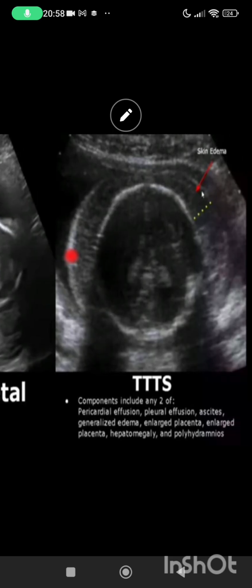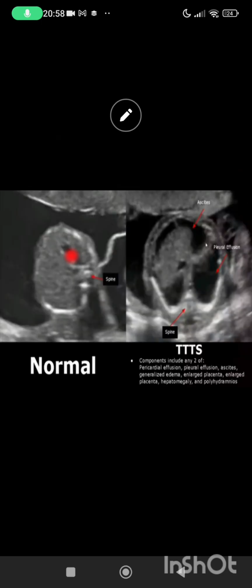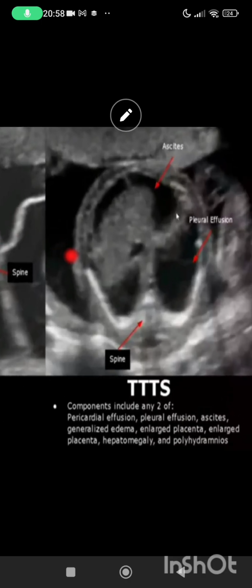There is fluid in at least two or more components. It could be pericardial effusion, pleural effusion, ascites, generalized edema, enlarged placenta, hepatomegaly, polyhydramnios. So these are the signs of hydrops.